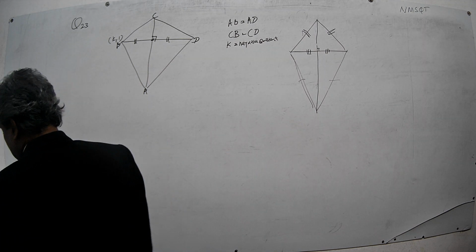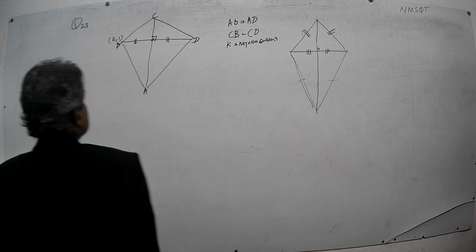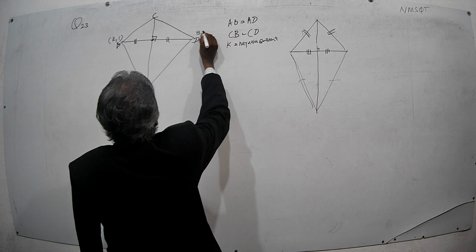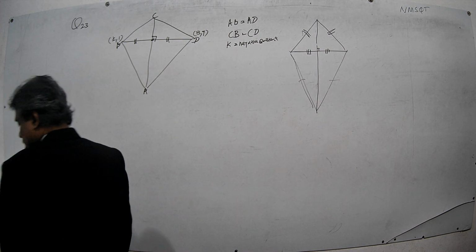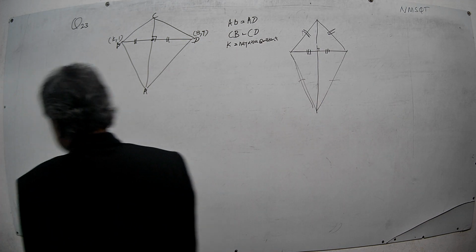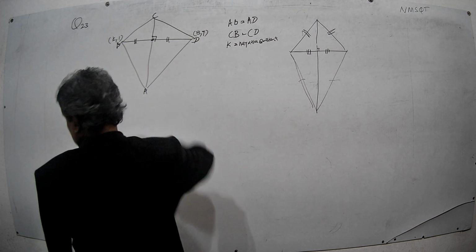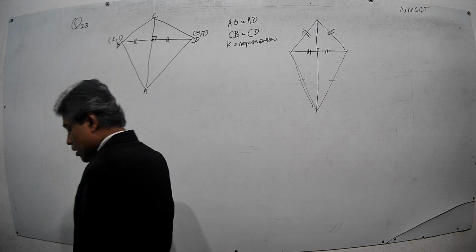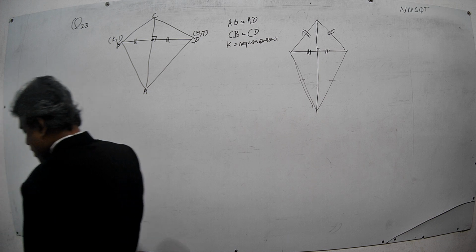Then the point D has coordinates (8, 7). D, this one, (8, 7): x coordinate 8 and y coordinate 7. The straight line L passes through the points B and D. That's this line, the line BD.